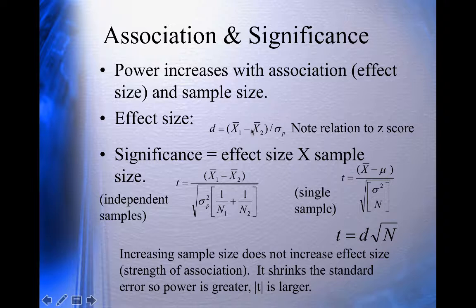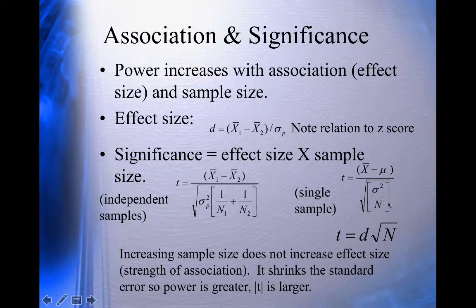So t here is what you would have if you got rid of the sample sizes. If you look at the single sample formula, that's x bar minus mu, so there's the difference in means. And here you've got that same square root. If we take the square root of this, it's sigma, right? So there's your t. And now you divide that by the square root of n.